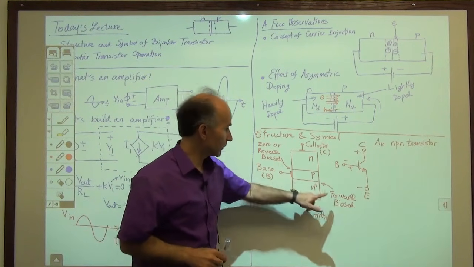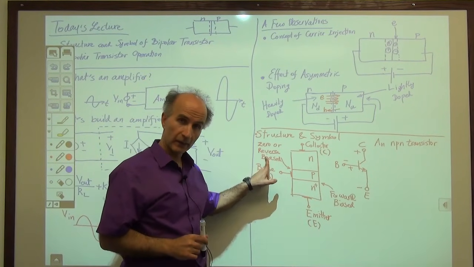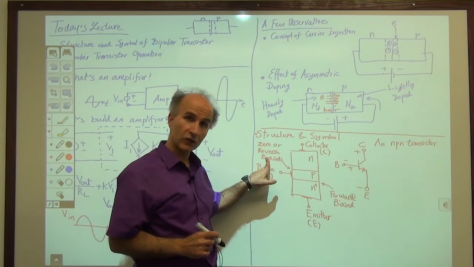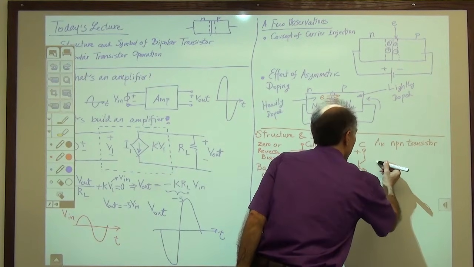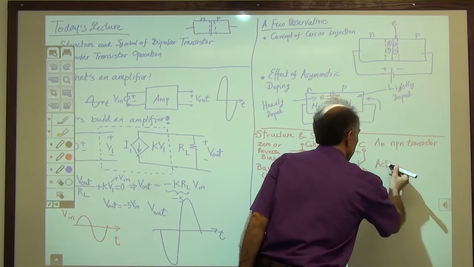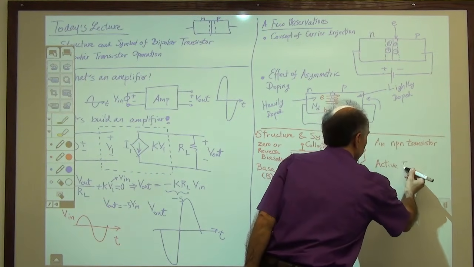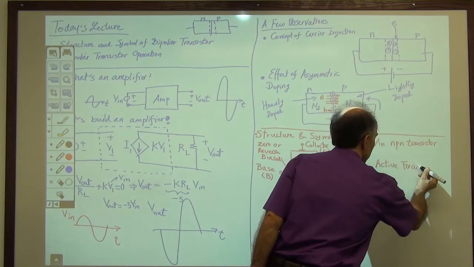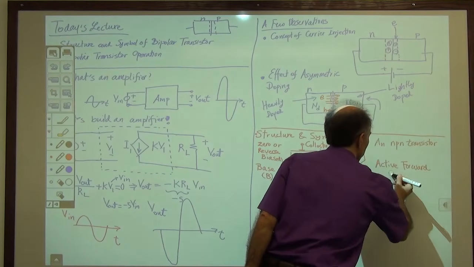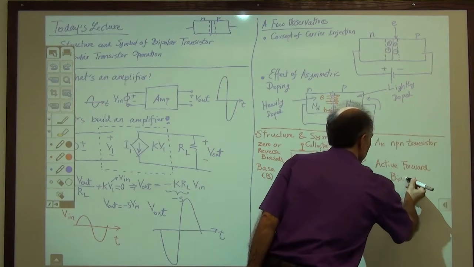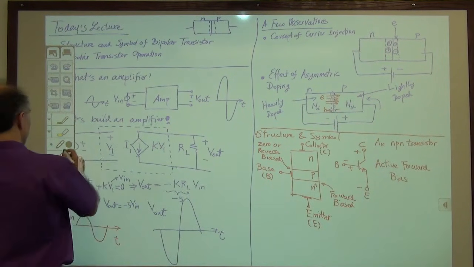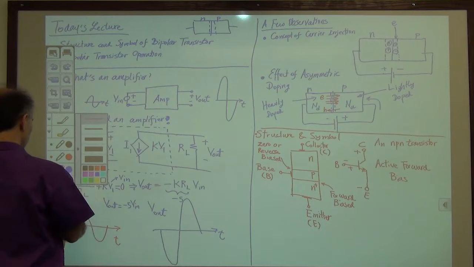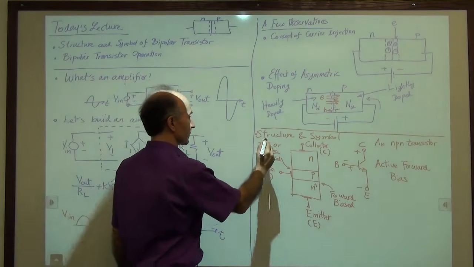When both of these conditions are satisfied, we have a name for that region of operation. We say this is active forward bias. So active forward bias means that these conditions have to be met. So I will circle them.